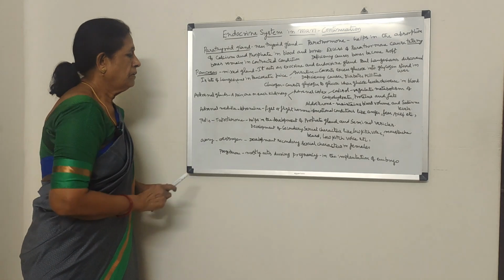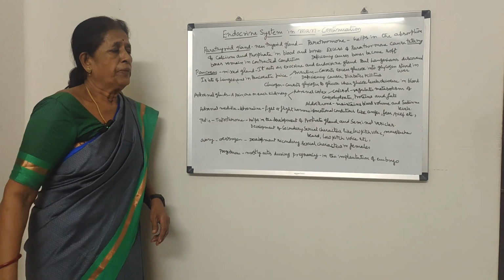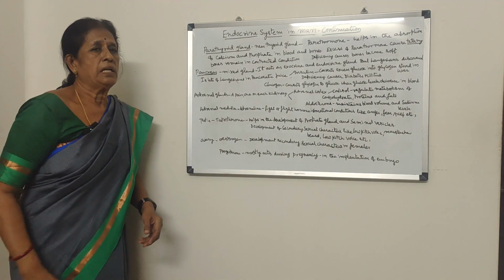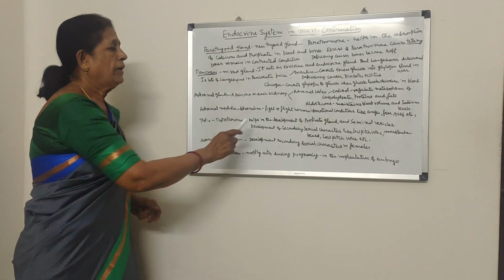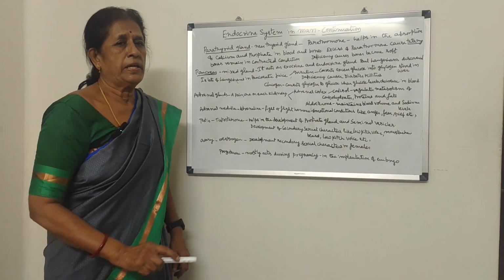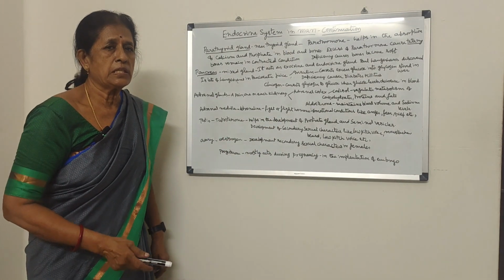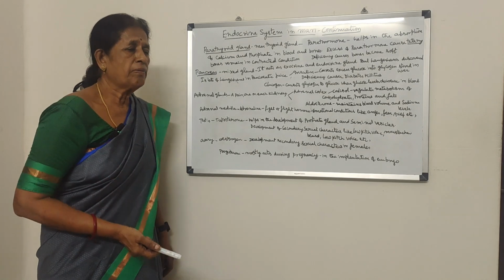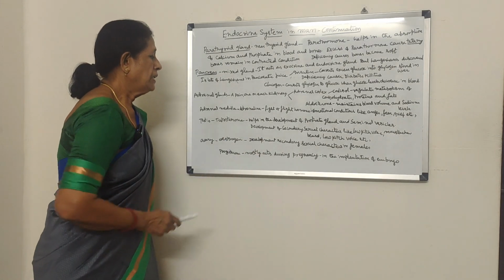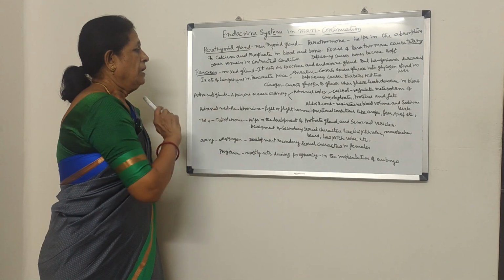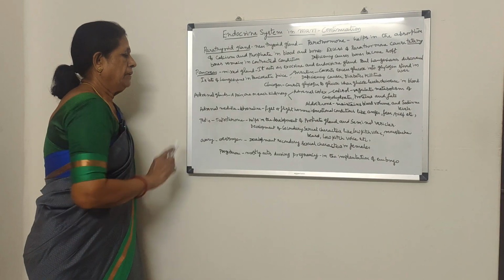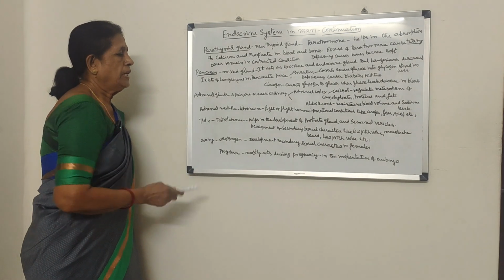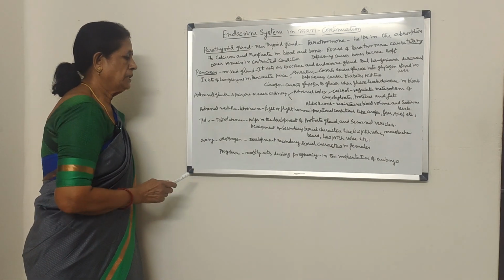That is the function of this adrenaline. So due to the presence of adrenaline, it is called fight or flight hormone. Fight, either to fight with the situation, or flight, run away from the situation. So that is the function of adrenal gland.